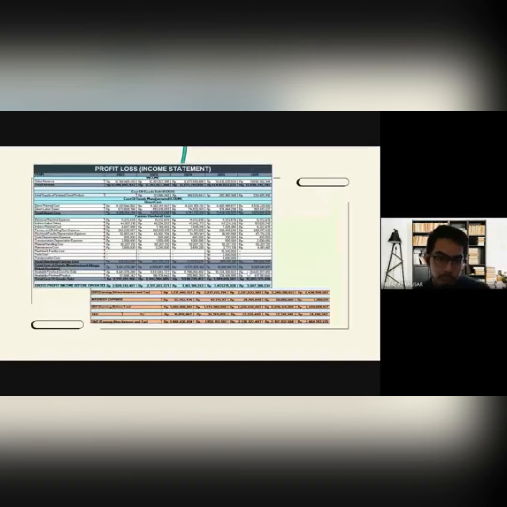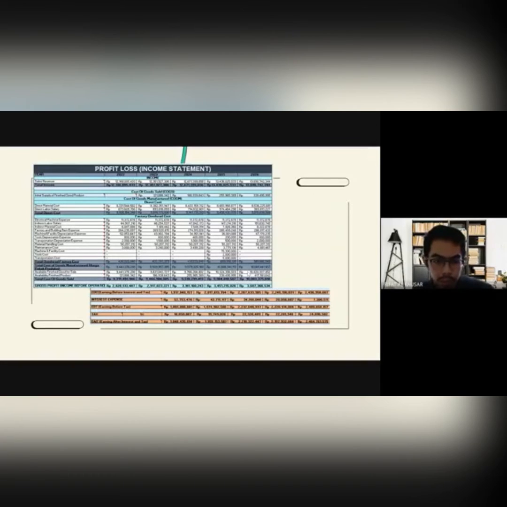Okay, so this is the income statement, profit and loss. All the data is still the same, and so at 2022 we have EBIT, or earnings before interest and tax, of almost 2 billion. And at the end, at 2026, it is almost 2.5 billion.